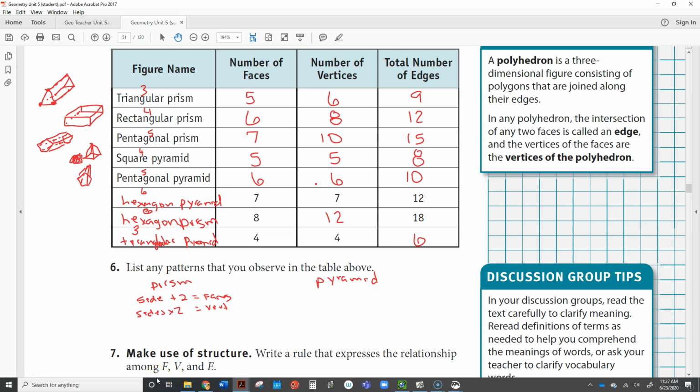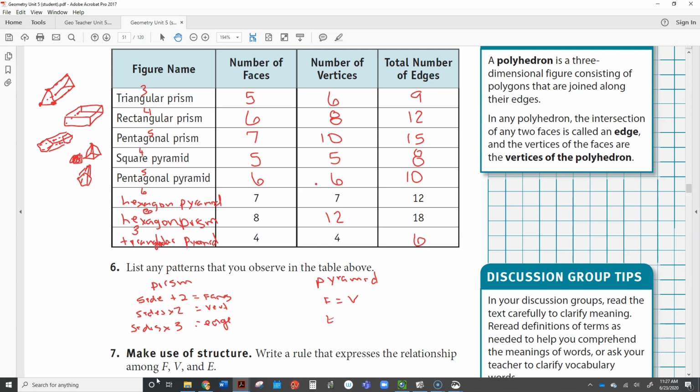And for your edges, it was sides times 3. The number of sides times 3. We had 4 times 3, 5 times 3, 3 times 3. And then for a pyramid, it was faces equals vertices.